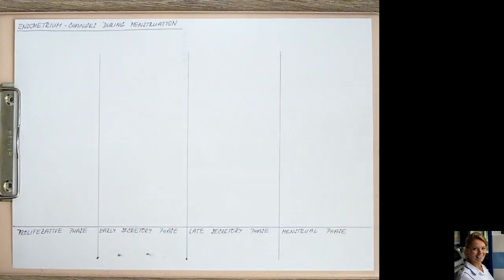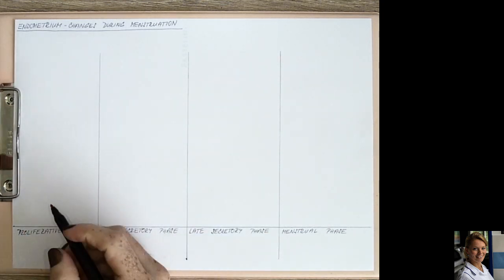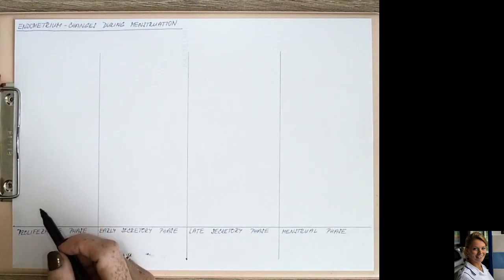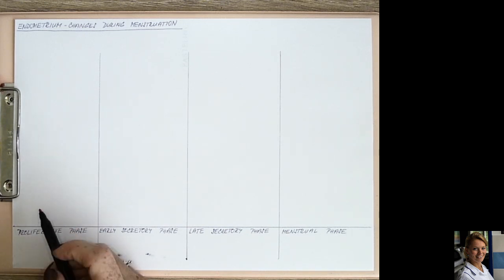In the previous video, we described the individual layers of uterus. The middle layer of uterus called myometrium is composed of smooth muscle bundles.